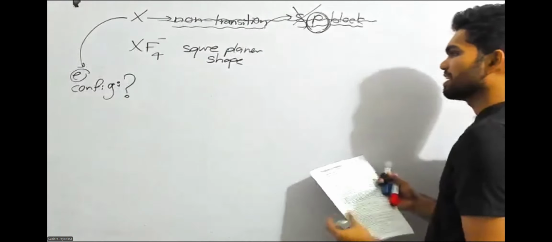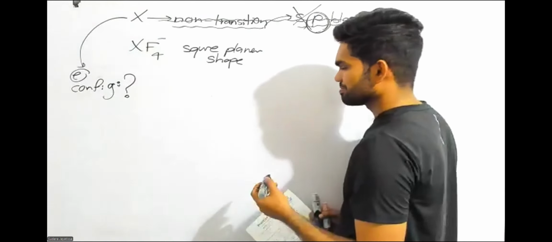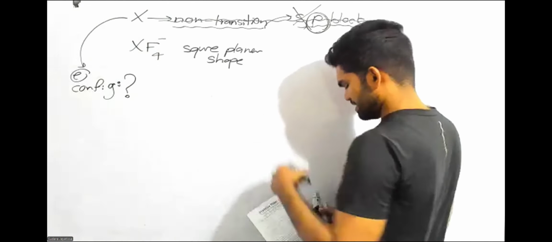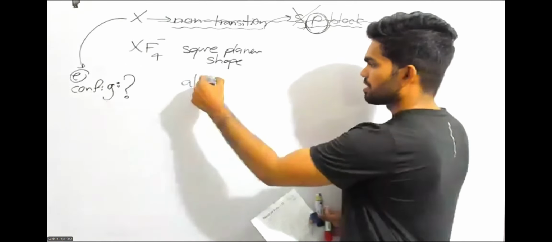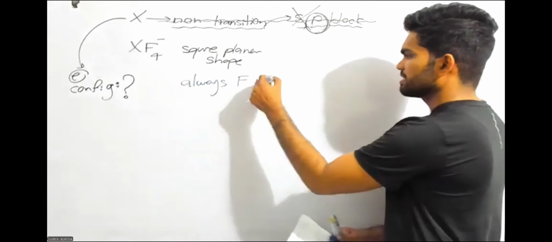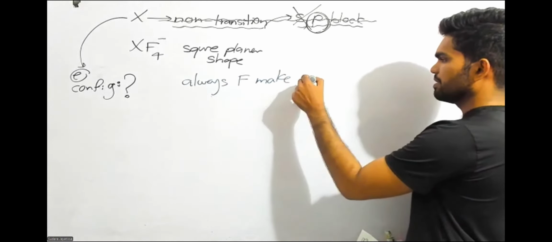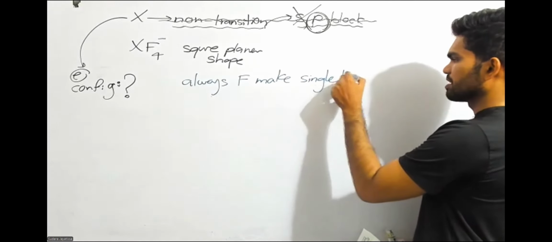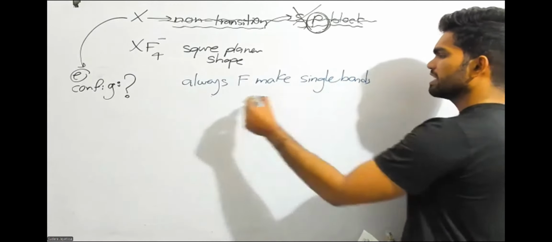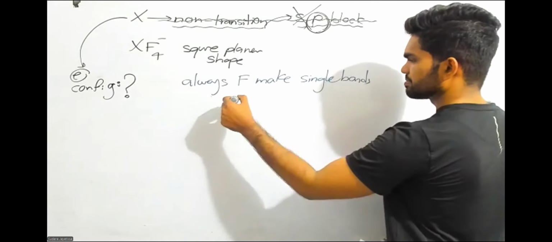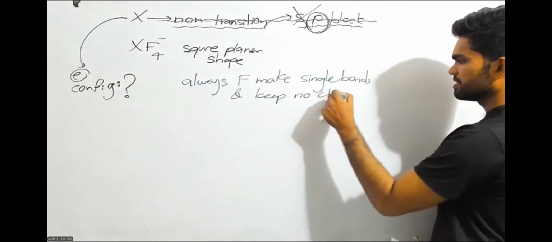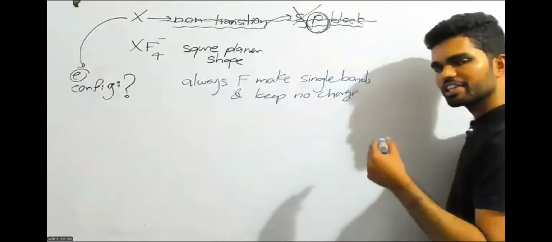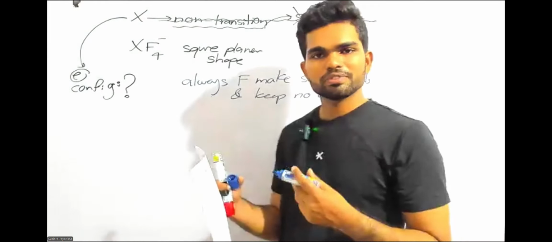Right now, take this square planar thing. Always, fluorine makes single bonds, and it keeps no charge. That's a fact you know, because you have drawn several structures.